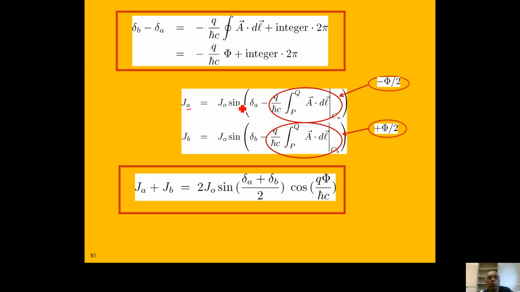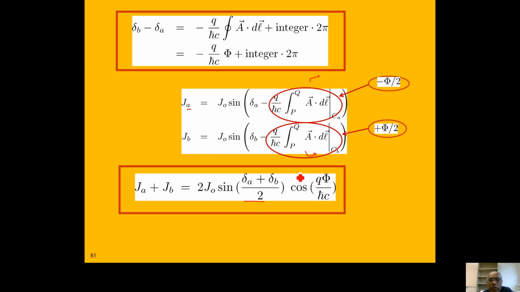One goes from P to Q this way, and the other goes from P to Q in this direction. If you look at A dot dl, then this is B dot ds, that is phi, but that is negative phi by 2 for one and positive phi by 2 for the other. Now if I add this J plus JB, you can write this as this function.